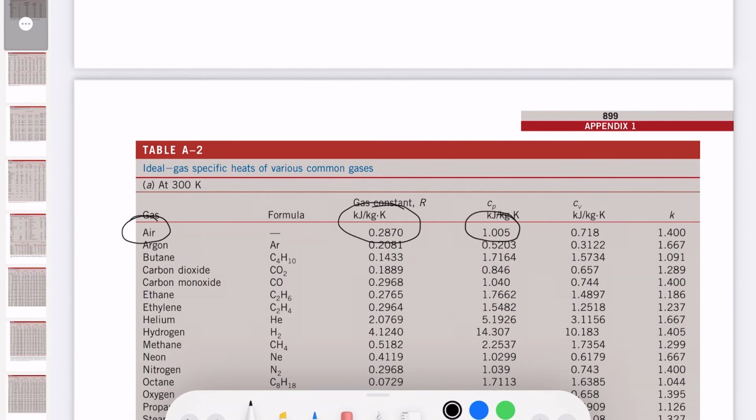You can also do that. It is okay, because inlet and exit conditions are given: 22 plus 47 over 2 gives you the average temperature, and from the average temperature you can go to the table.